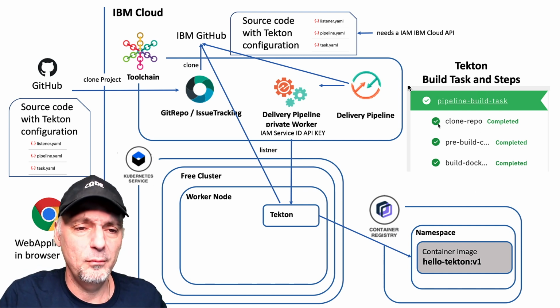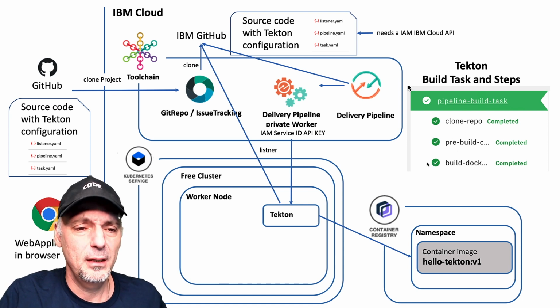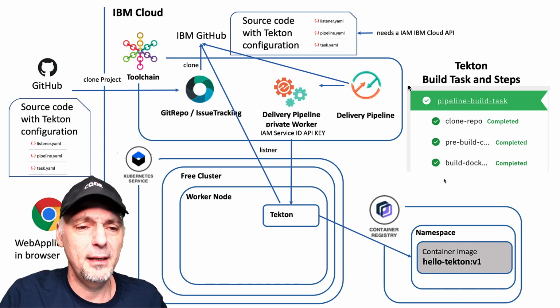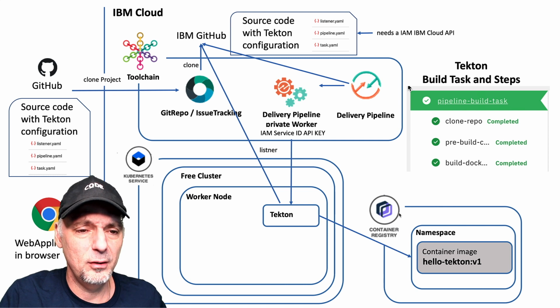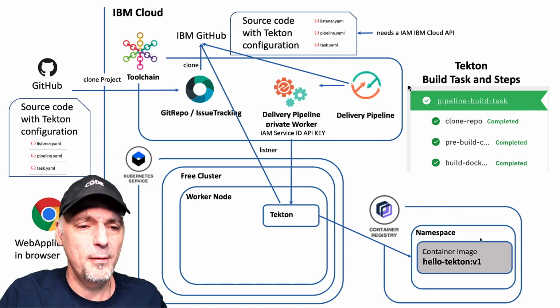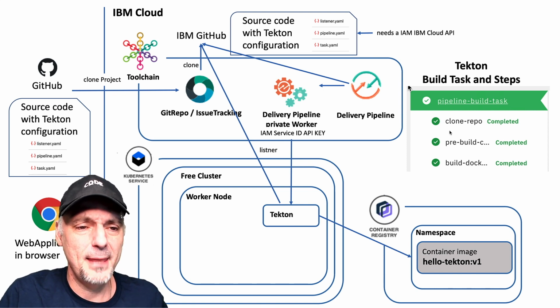That means we know how to clone the repo for the building, how to do the build, and what we are going to do with the build itself to create the container. And at the moment it is inside the container registry, we can build the container and store the container. So that is what happens in that task.